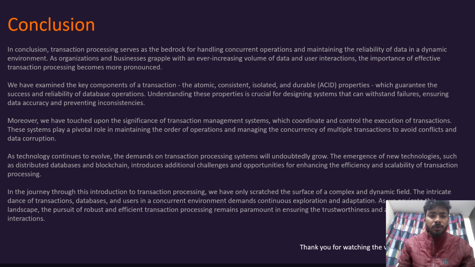In this journey through the introduction to transaction processing, we have scratched the surface of a complex, dynamic field. The dance of transactions, databases, and concurrent environments demands continuous exploration and innovation.